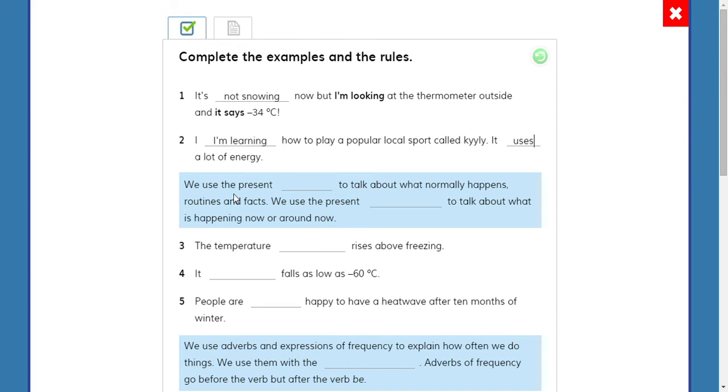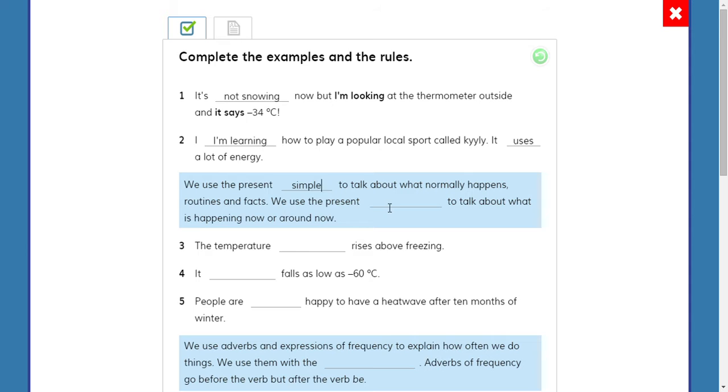Now, here it says, we use the present simple to talk about what normally happens: routines and facts. We use the present continuous to talk about what is happening now and around now. When we talk about what normally happens, it's like a routine. We're talking about the present simple.